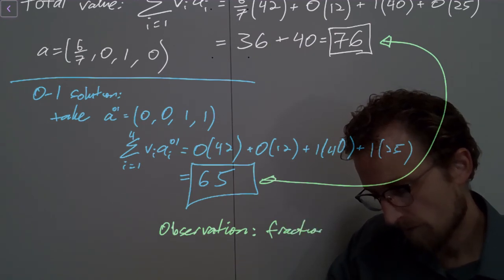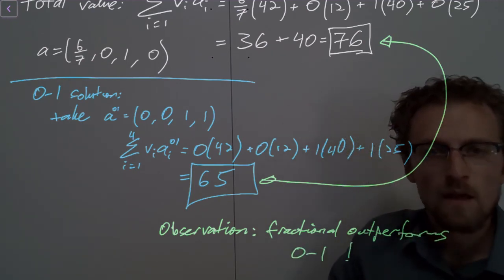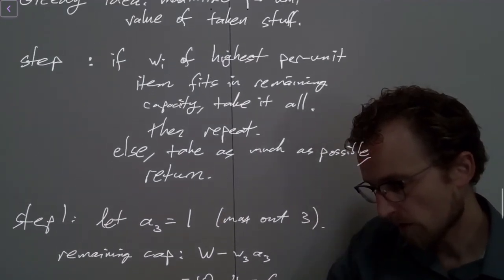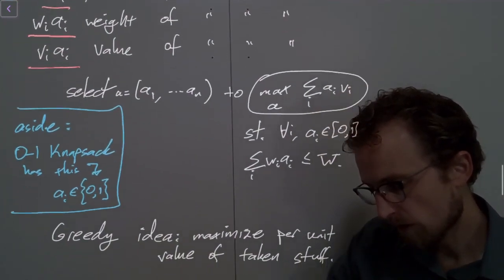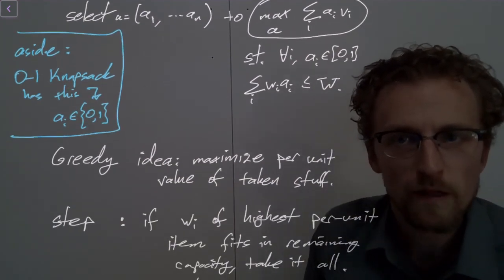Fractional outperforms 0-1. Okay, why? Well, let's think about what the constraints are in the problem. Right? This is actually a very useful exercise. If you haven't thought too much about optimization before, this is something you should always keep in mind.